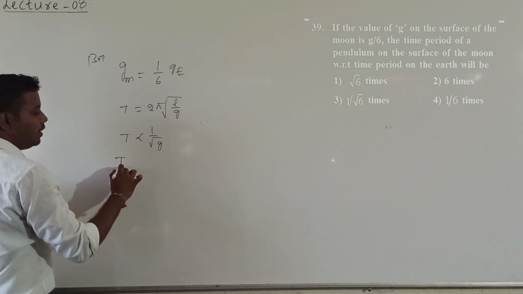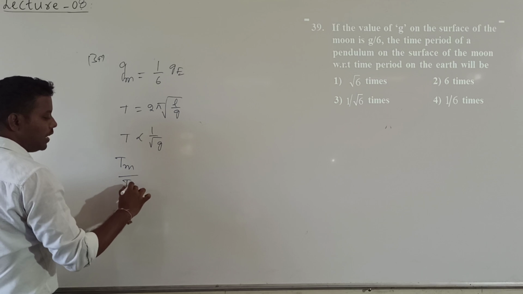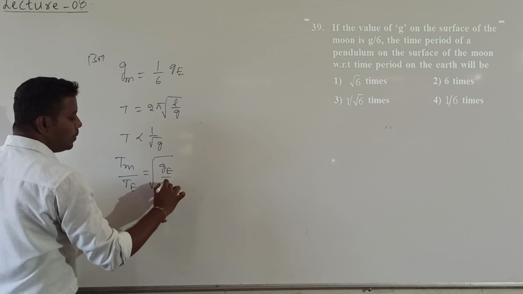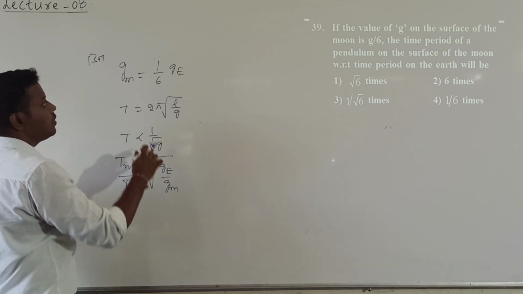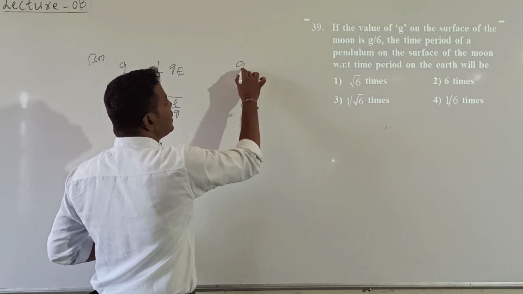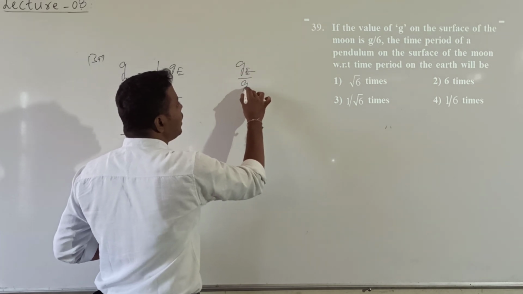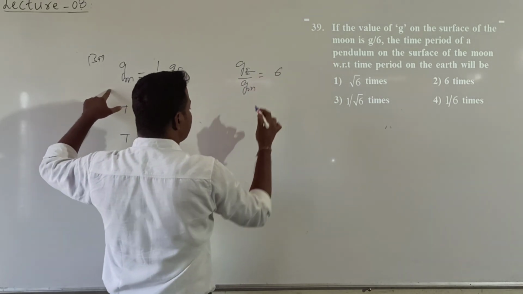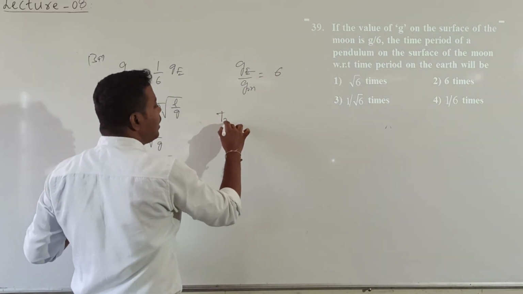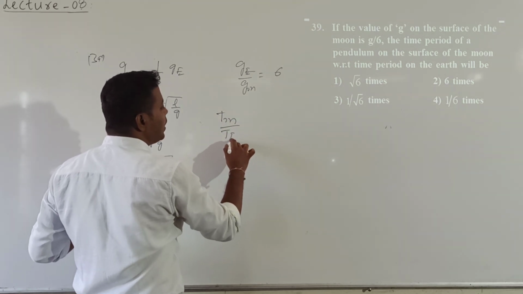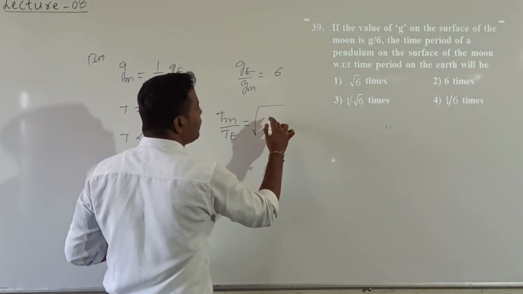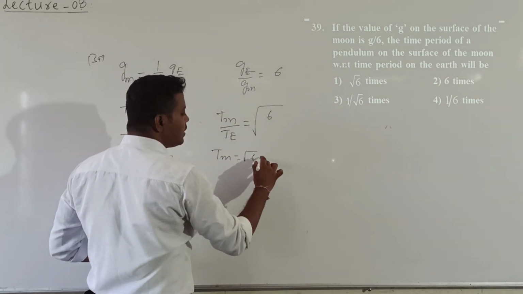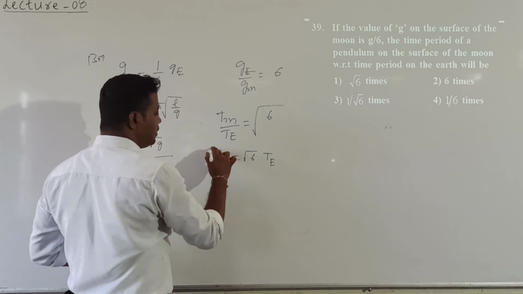Then the time period for the moon by the time period for the earth is equal to root over G for the earth by G for the moon. G for the earth divided by G for the moon is equal to 6. Then the time period of the moon by the time period of the earth is root 6. So the time period of the moon is root 6 times the time period of the earth.